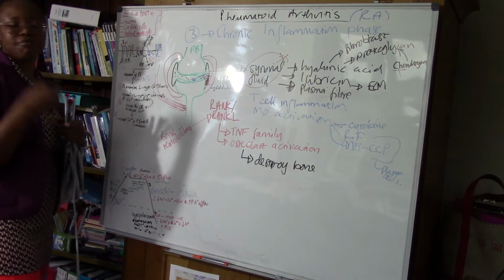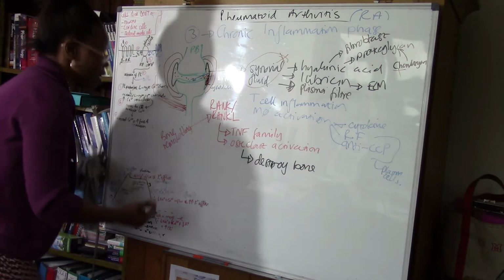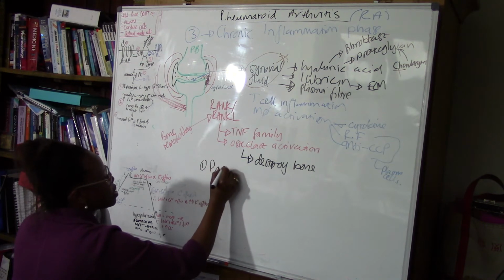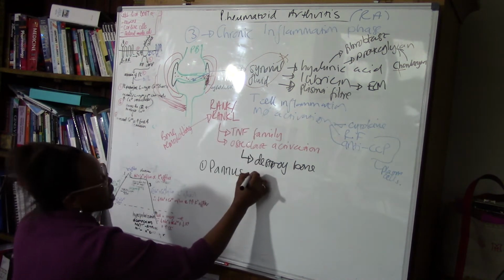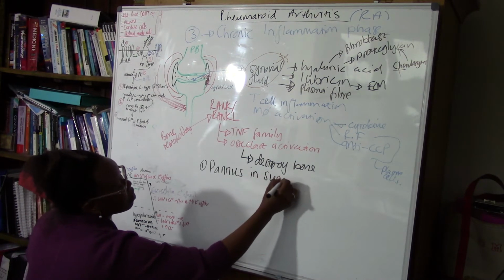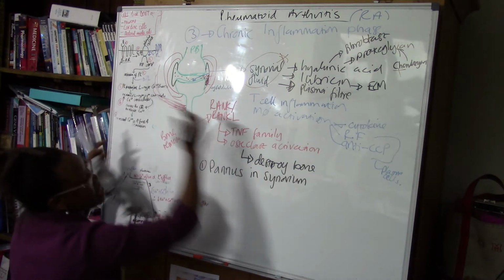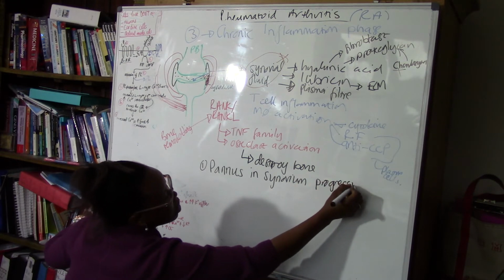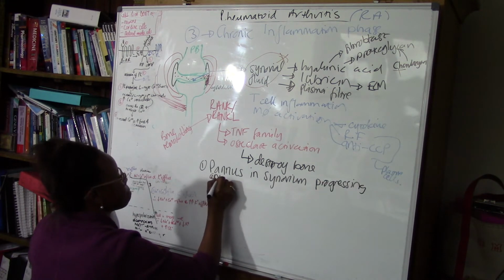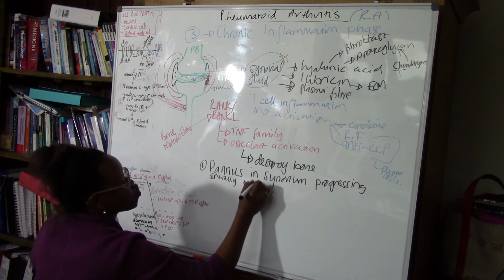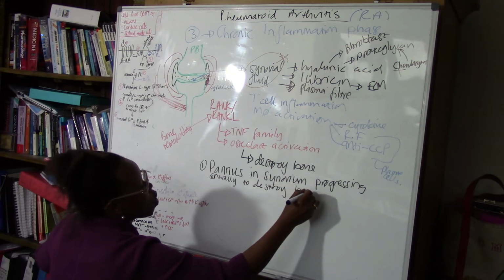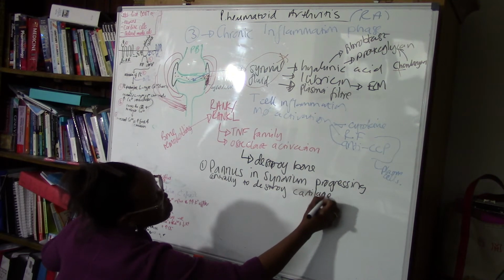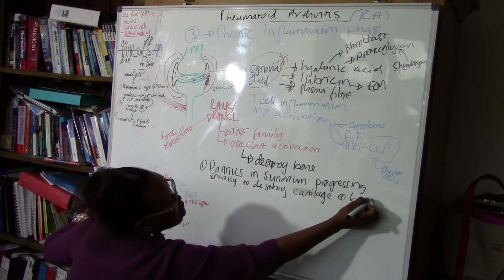So in that chronic inflammatory phase, the hallmarks of chronic inflammation in RA will be, number one, that pannus in the synovium, progressing centrally into the bone and cartilage, to destroy bone cartilage, shall we say, because obviously cartilage destruction occurs first and then bone later.